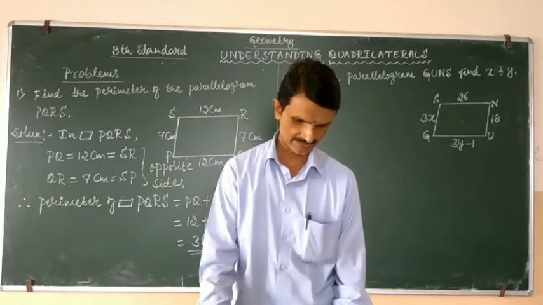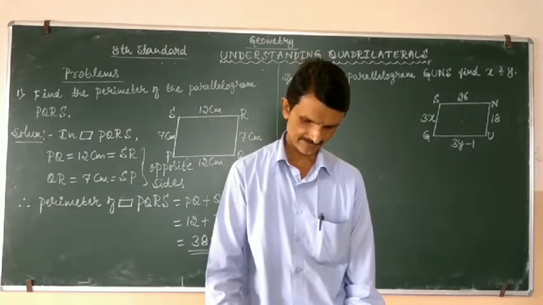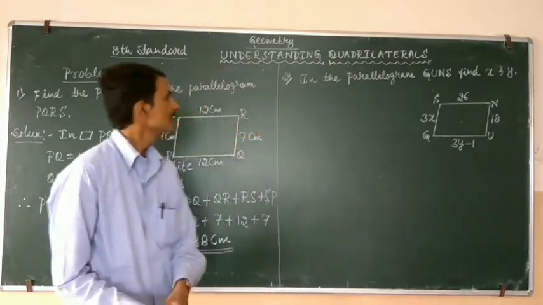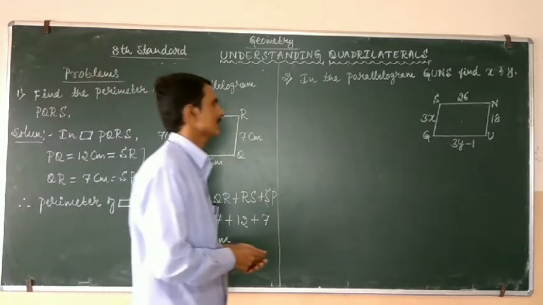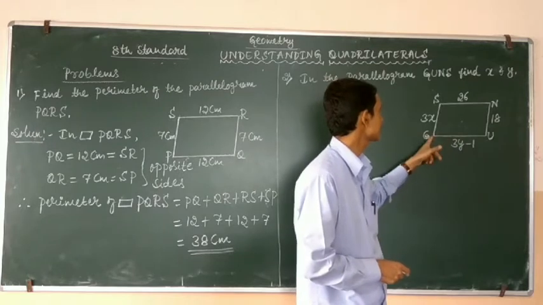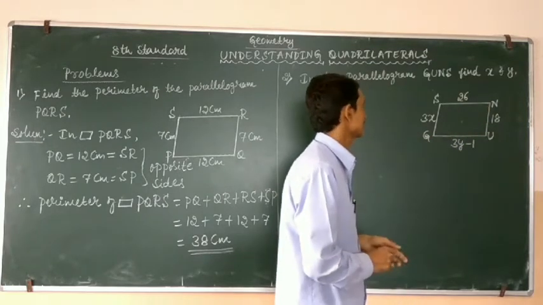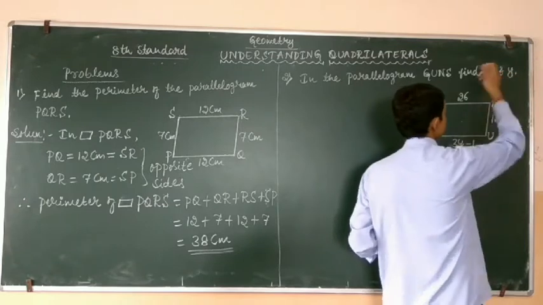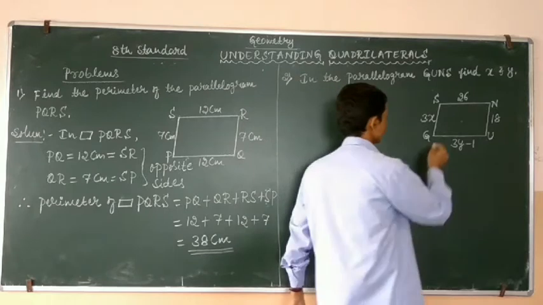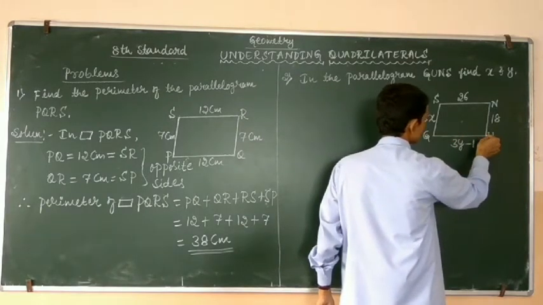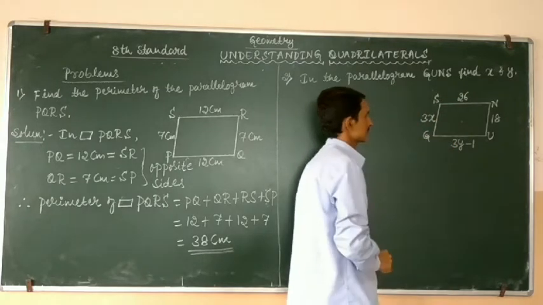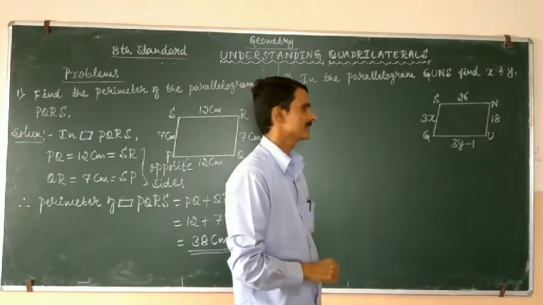Now students, observe the second figure. In the second problem, there is a parallelogram named GUNS. Find X and Y. In this parallelogram, GU, UN, NS, SG are the four sides.